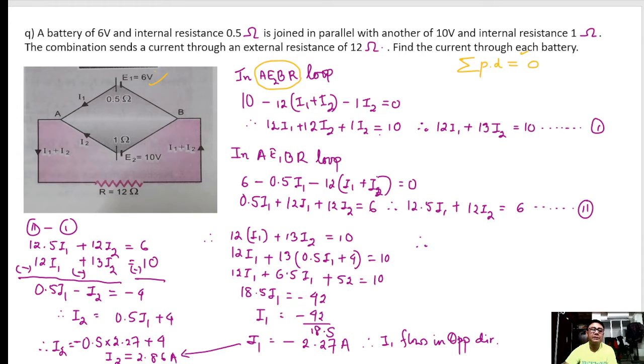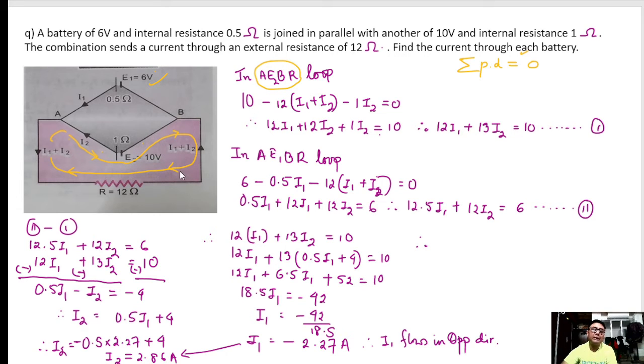So the loop says that we will be moving like this. Like this we will move. Okay, AE2 BR A. So we are entering from the positive to the negative, that means it's plus 10, correct?